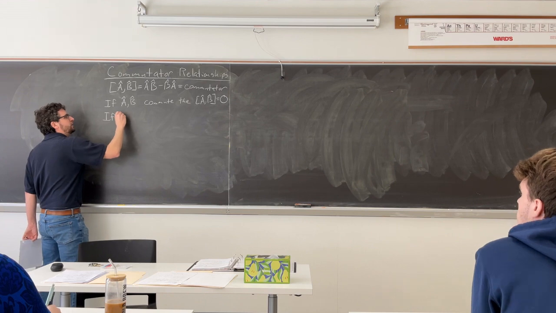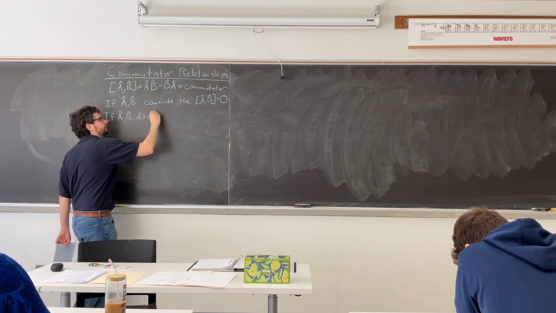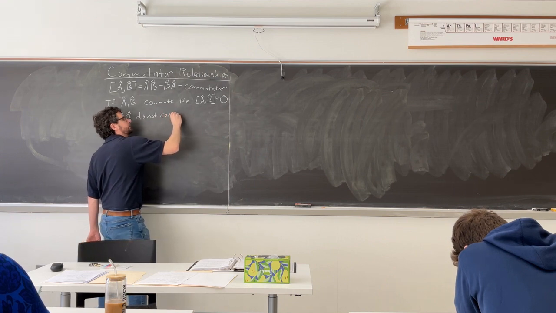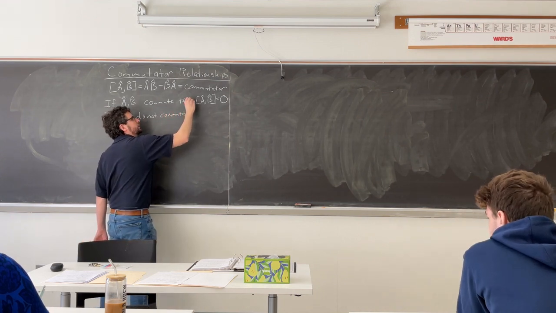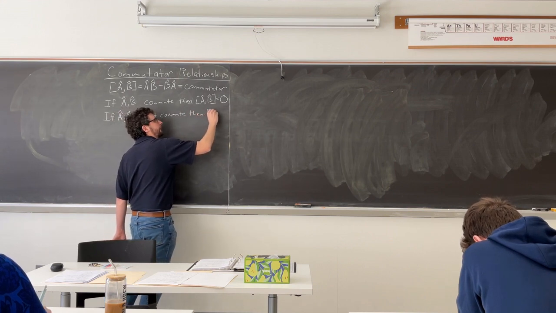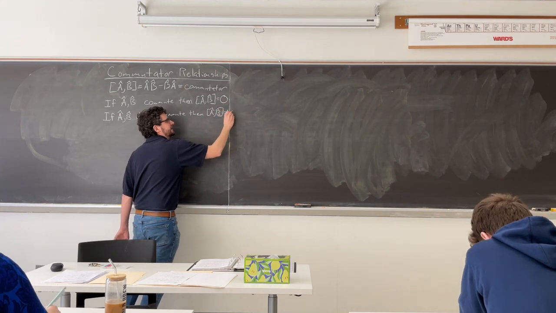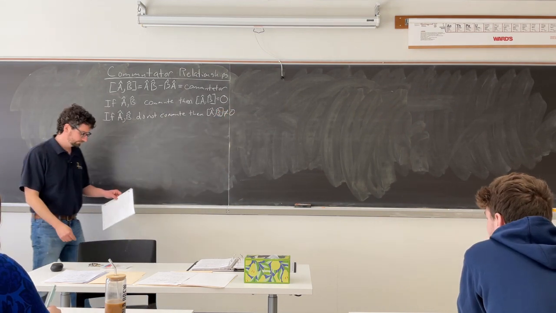If A and B don't commute, that should be a then. Then the commutator is not equal to 0.